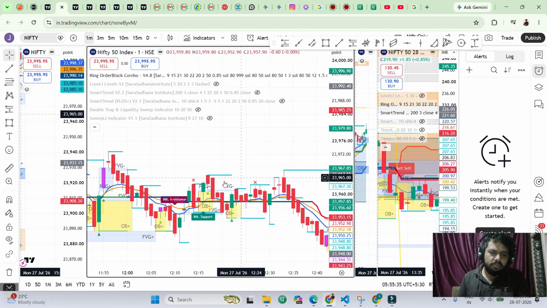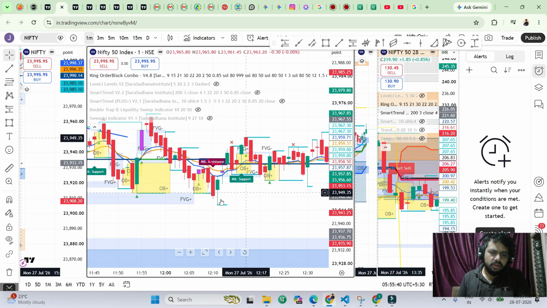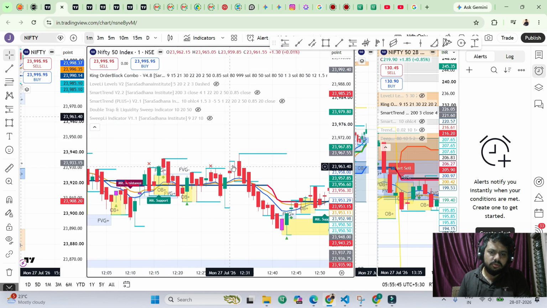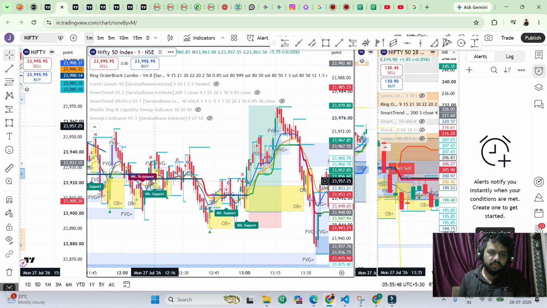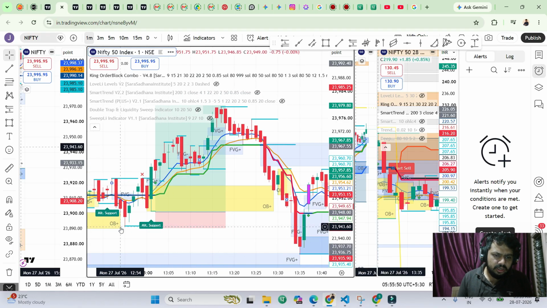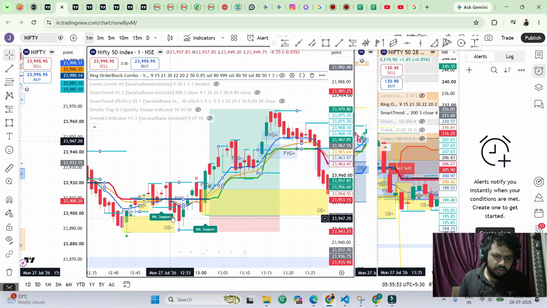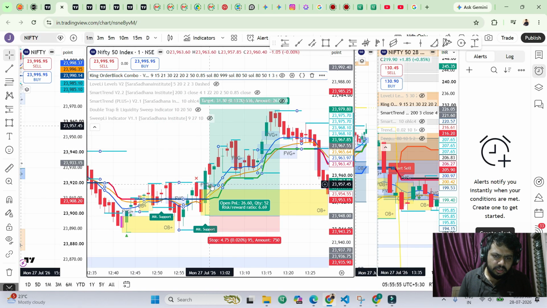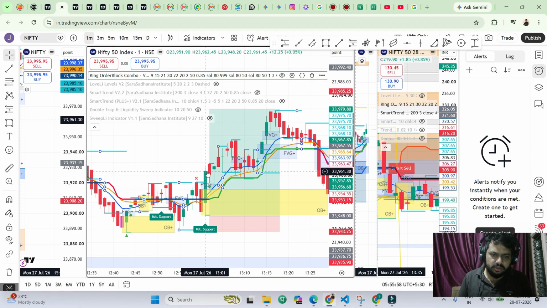The market did not give this opportunity here. See how the market crashed and how it took FEG as support here and went till here. So then here it took OB plus rejection, enter here, enter for this one.